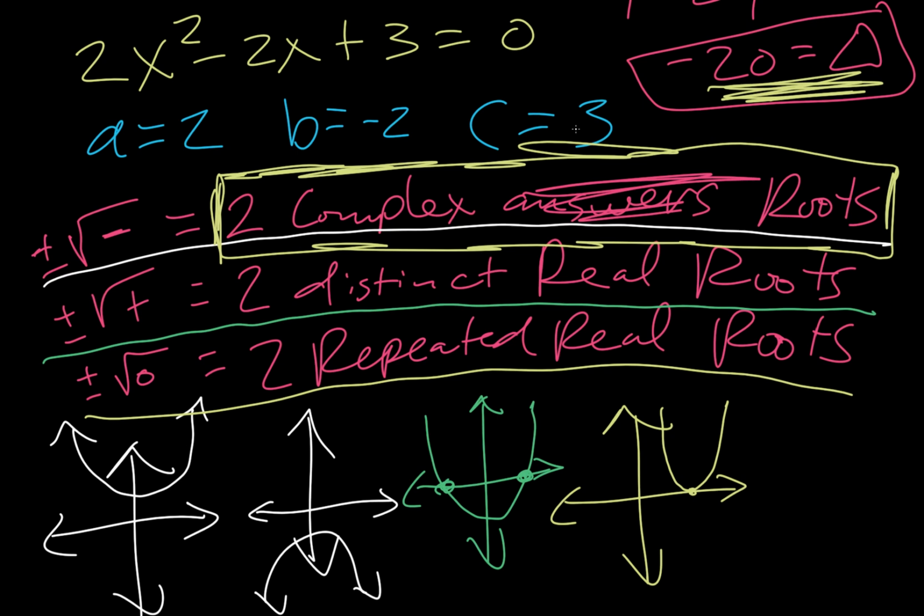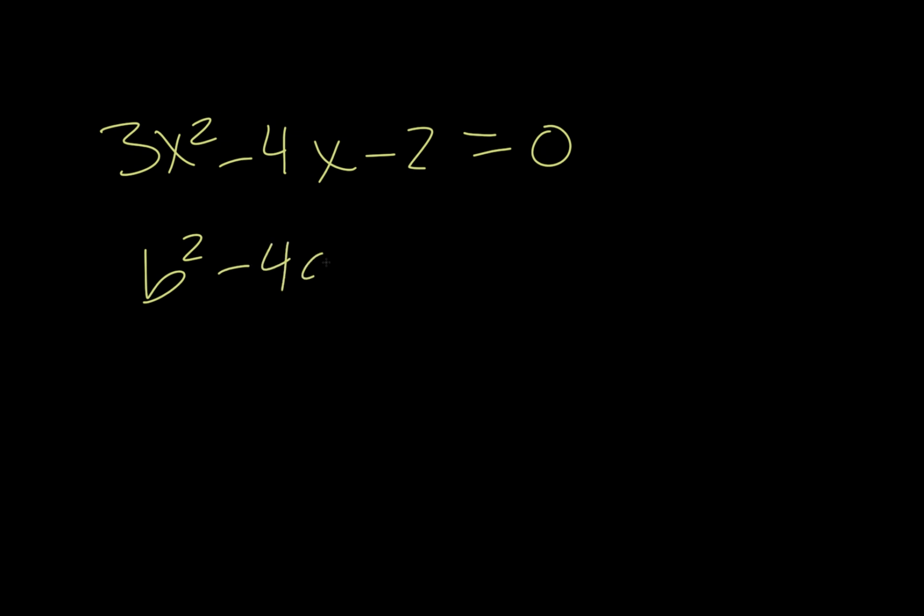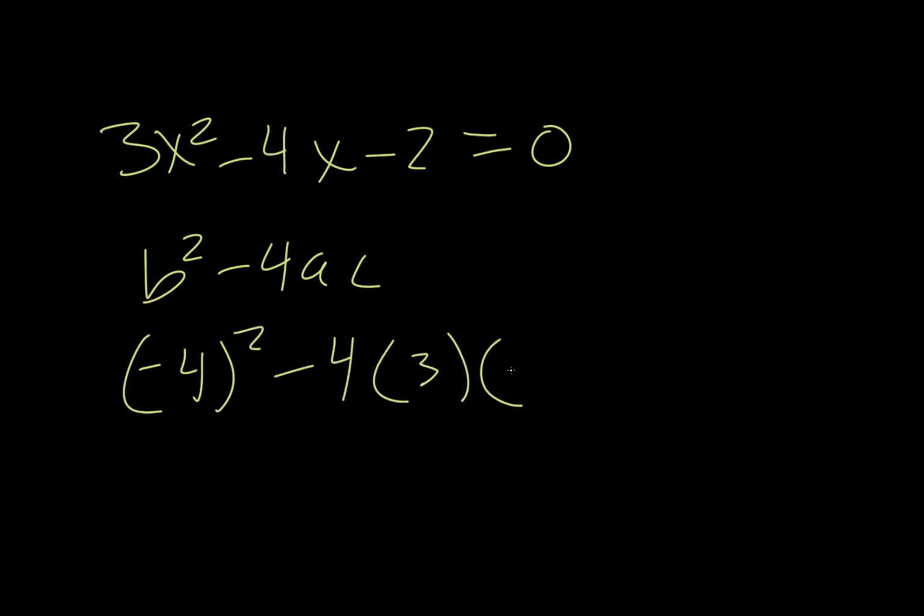Okay? All right, let's move on to part B for this one. So once again, it wants us to use the discriminant to determine the nature of the roots. So we just write our discriminant here. Our b is -4, our a is 3, and our c is -2.